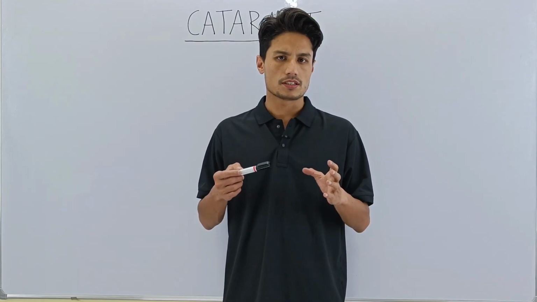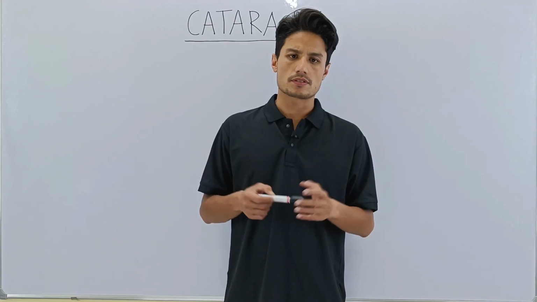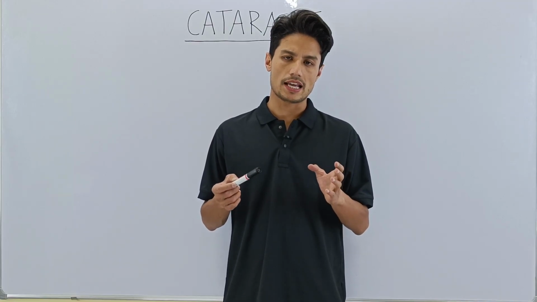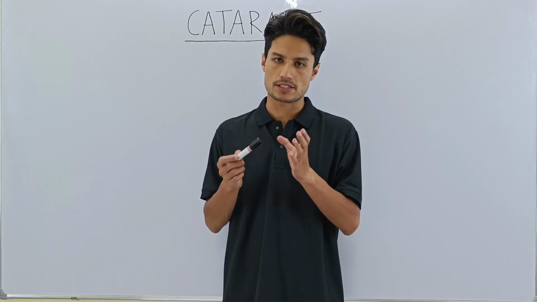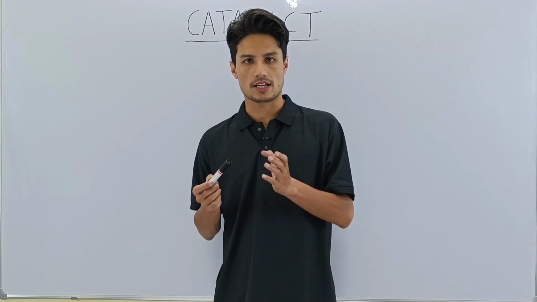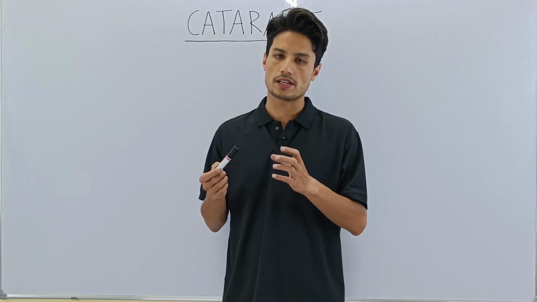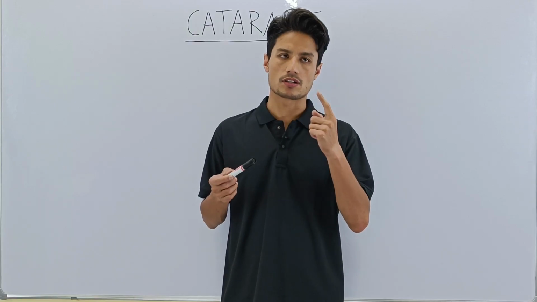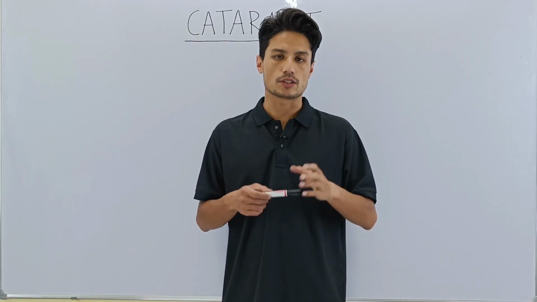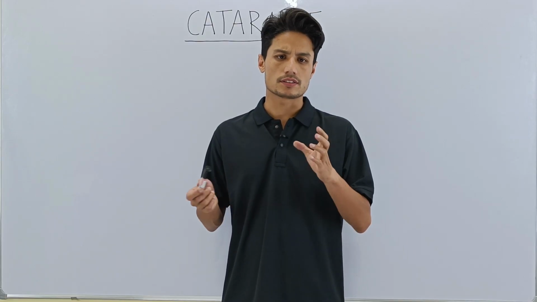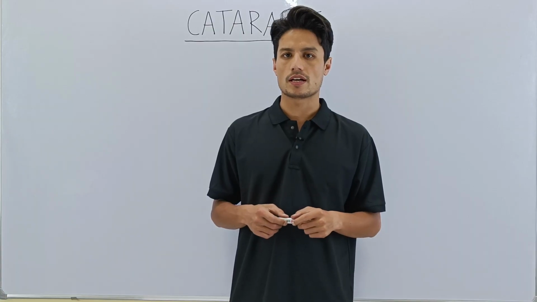Remember class that it happens at all ages, just like presbyopia happens to people at all ages. Sometimes the crystalline lens that we have in our eyeball becomes milky and cloudy. This condition is called cataract.